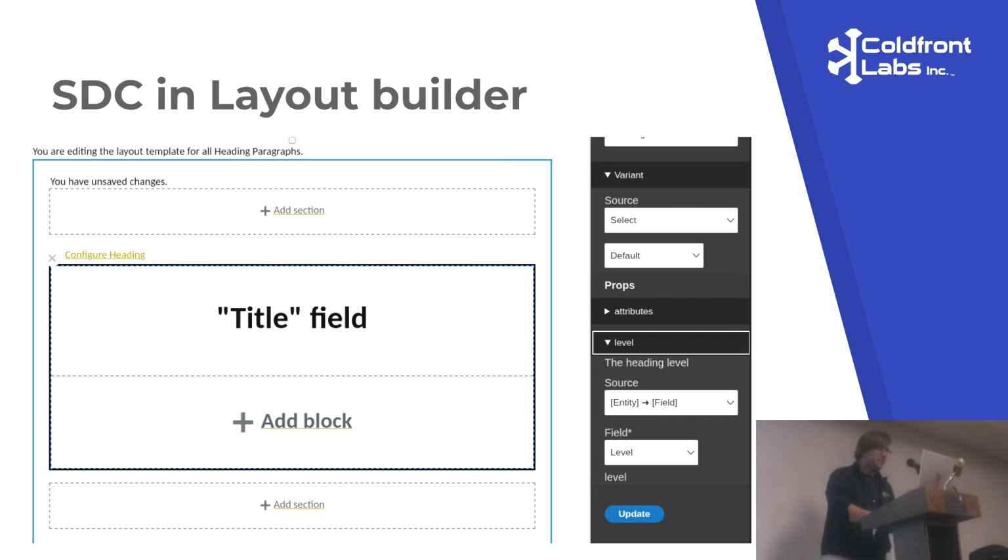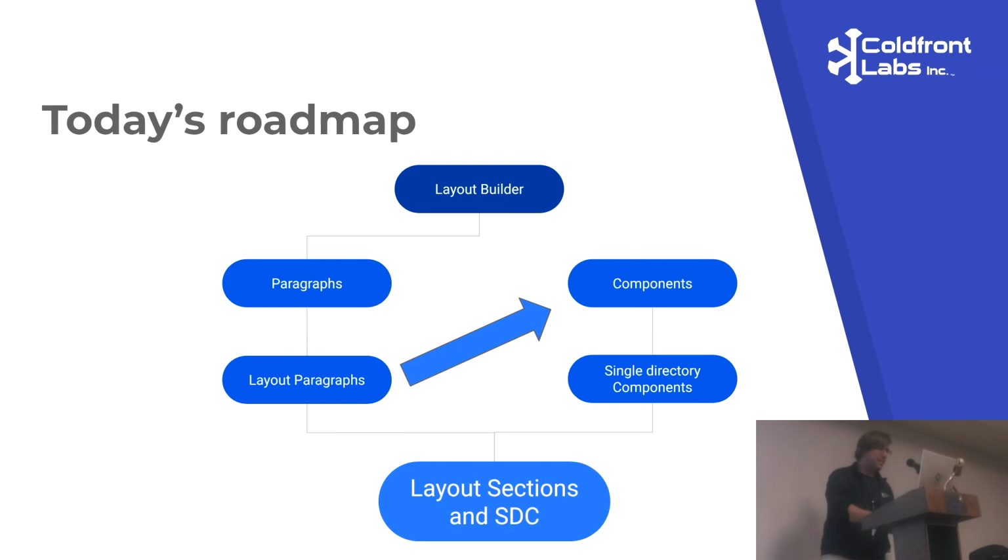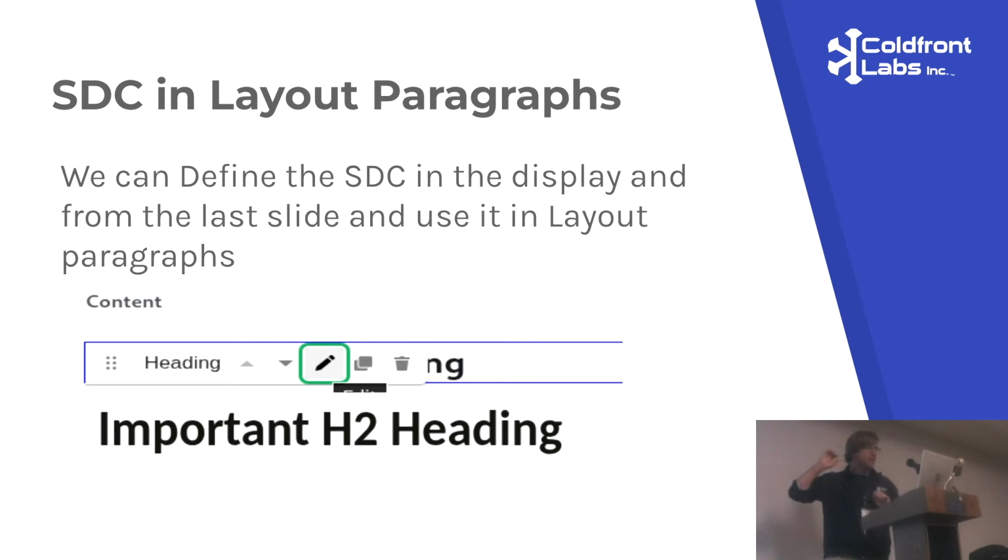Okay, so layout sections and single directory components. In this picture, I have my predefined heading paragraph that's placed in layout paragraphs, and it is the heading single directory component. So when I have a heading paragraph defined, I know I just need to put in my text.